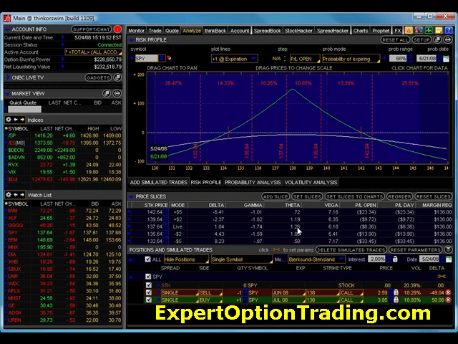You can also see that theta is positive at $1.26. So even though you're buying an option, you're also selling one, and even though they're at the exact same strike price, because they're in different months, it gives you a positive theta. Also very interesting is, unlike a vertical spread that you would sell, it also gives you a positive delta.